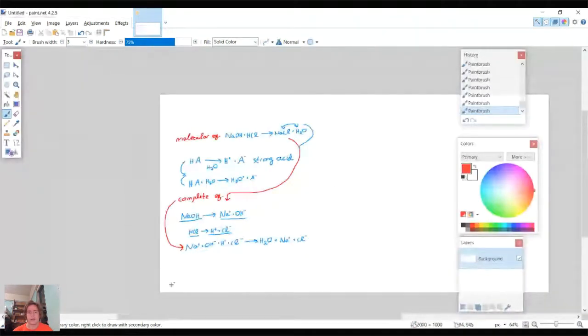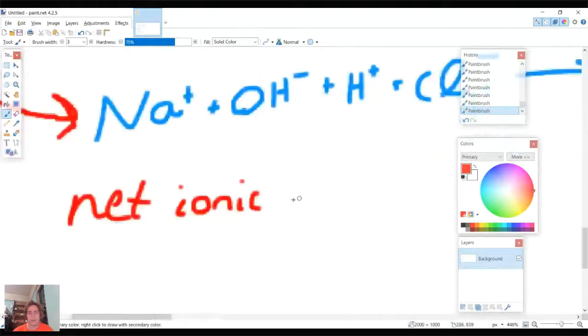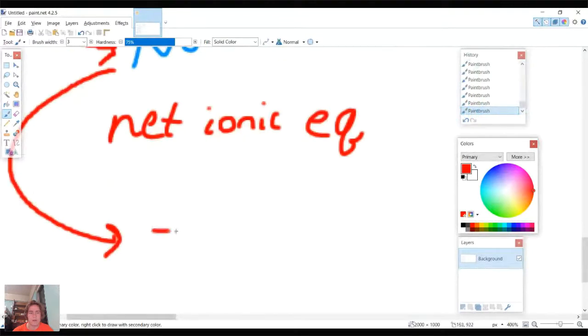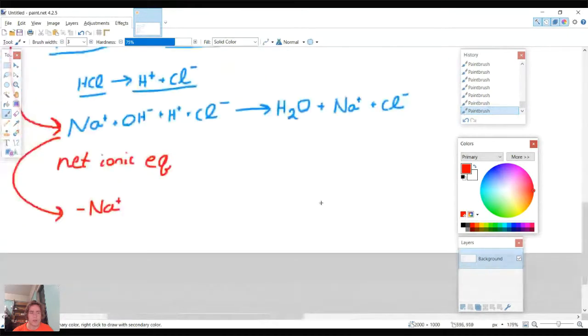So it's almost like, and this is what is defined as a net ionic equation. When we're looking at this down here, we can subtract Na plus on both sides, and we can also subtract a Cl minus on both sides.